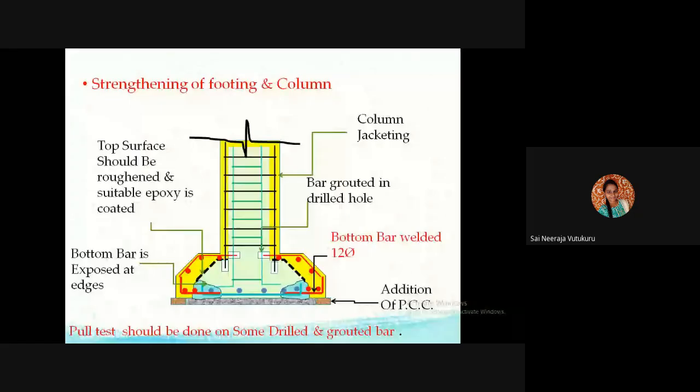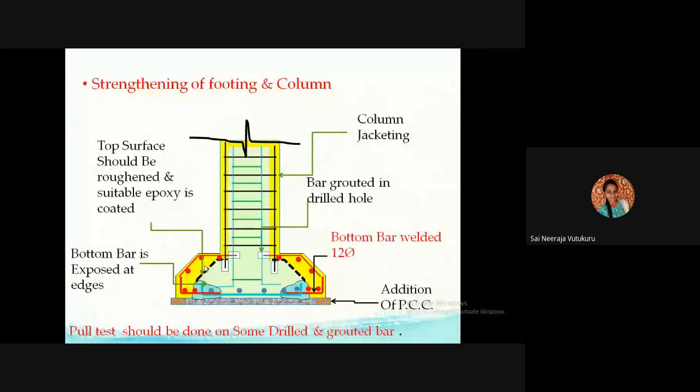And similarly, strengthening of footing and column. For any kind of building, the most important part is none other than the footing. Why? Because the overall load should be borne by the footing itself. So whatever footing we have at the bottom, these footings can be further retrofitted using different techniques.